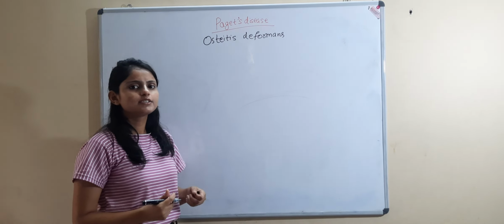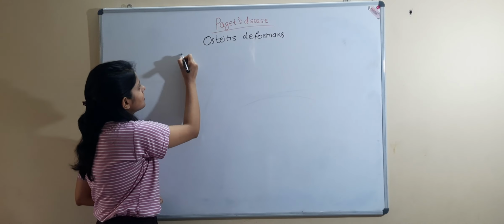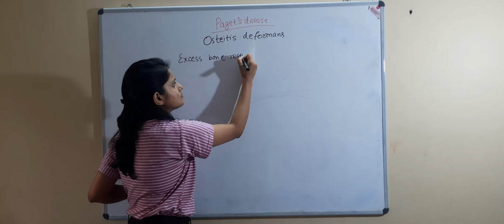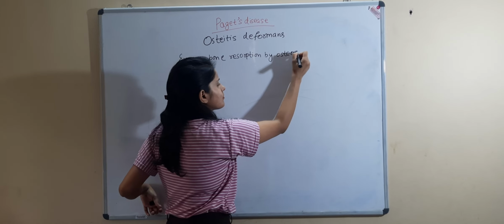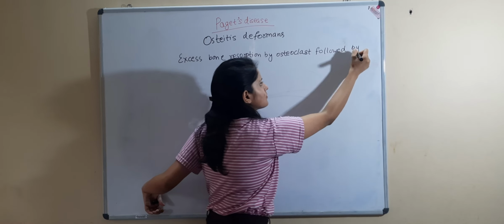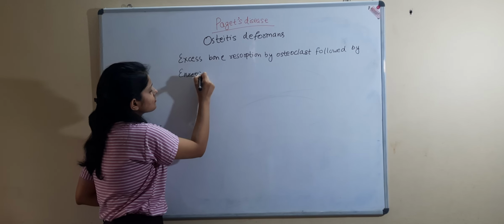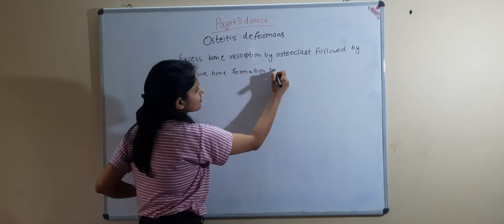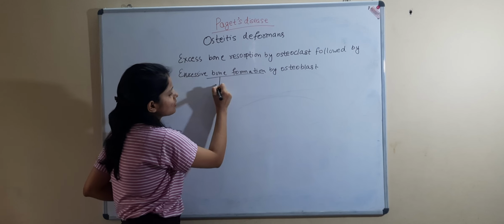In Paget's disease, there is excessive bone resorption by osteoclasts, followed by excessive bone formation by osteoblasts. And the bone formed will be a fibrous bone.